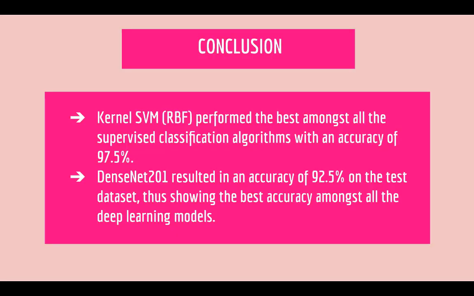The conclusion here is that for part A of the implementation, kernel SVM RBF performed the best amongst all the models. It showed an accuracy of 97.5% on the testing dataset, while DenseNet 201 resulted in an accuracy of 92.5% on the test dataset, and thus it shows the best accuracy amongst the deep learning models. In part A, the link I followed classified random forest as the best model, but I trained it using the k-fold cross-validation technique.